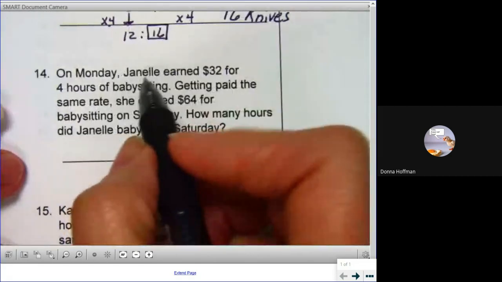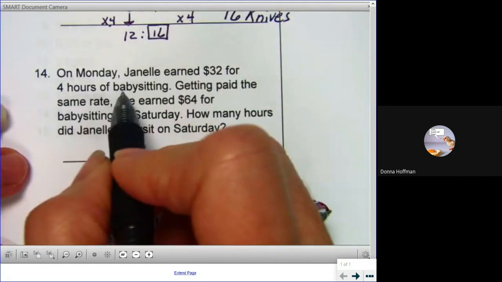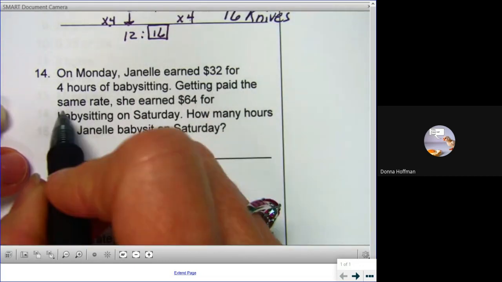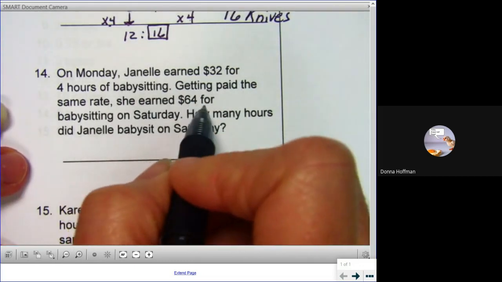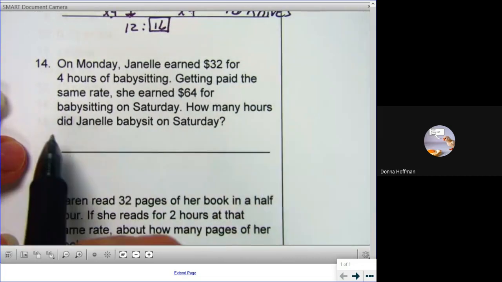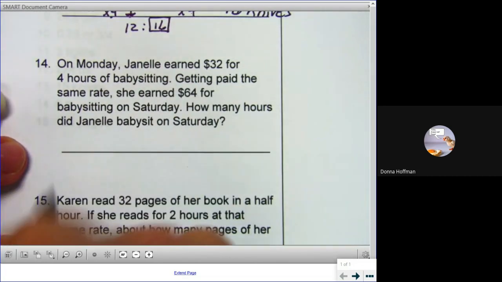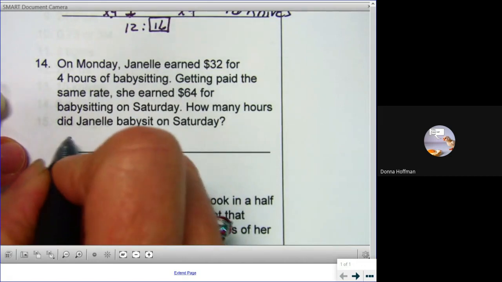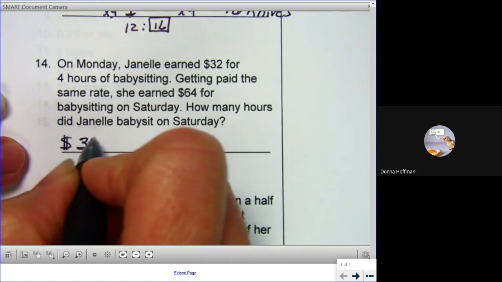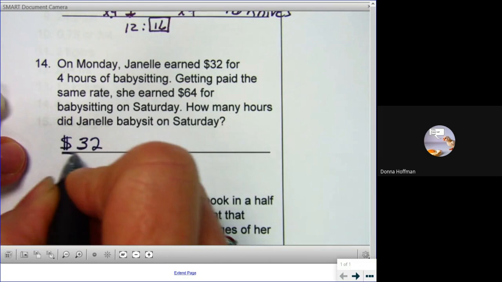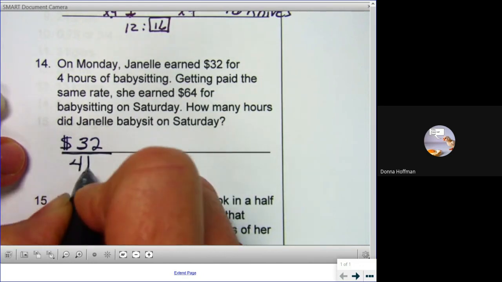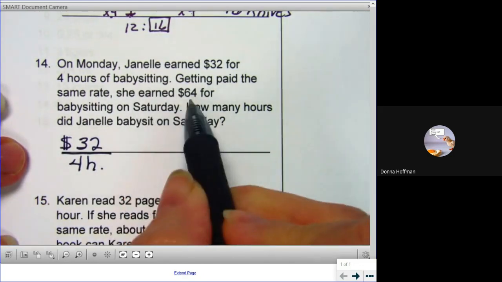On Monday, Janelle earned $32 for 4 hours of babysitting. Get paid at the same rate. She earned $64 for babysitting on Saturday. How many hours did she babysit on Saturday? Okay, so let's set this up as a proportion. $32, 4 hours. $64.